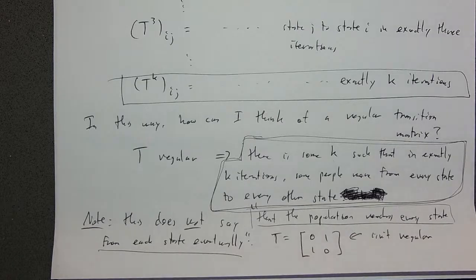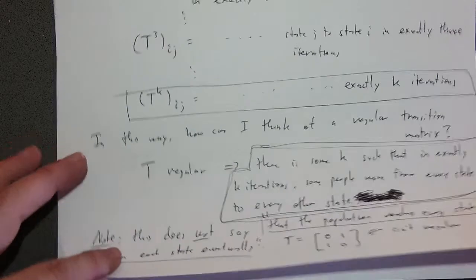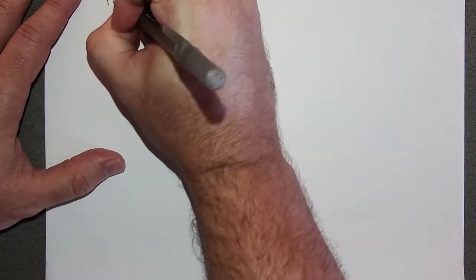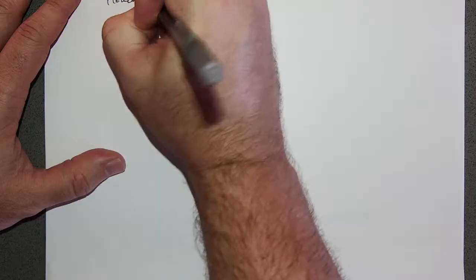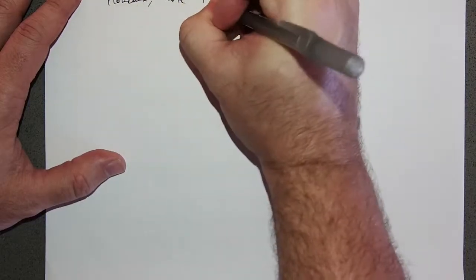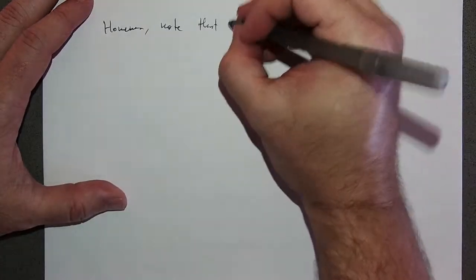Now, this gives us a condition on guaranteeing that a matrix is not regular, of course.